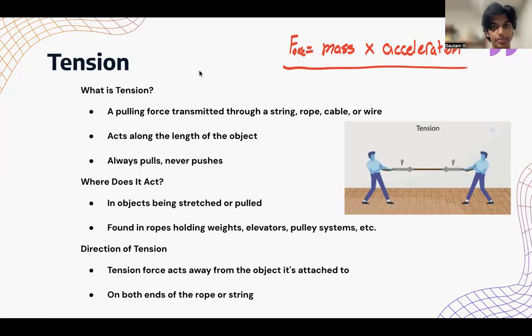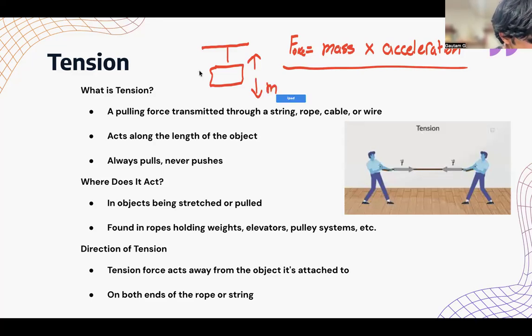This makes sense? And when we're thinking about a hanging object, there are technically two forces being applied: a downwards force and an upwards force. The downwards force is how much this mass weighs times gravity, because gravity is technically an acceleration.